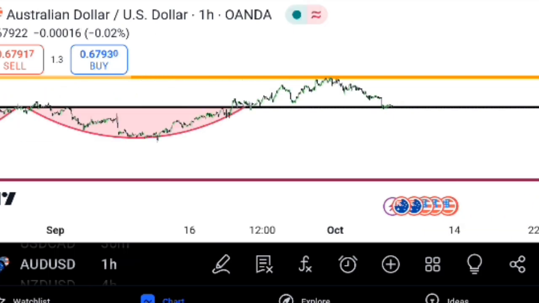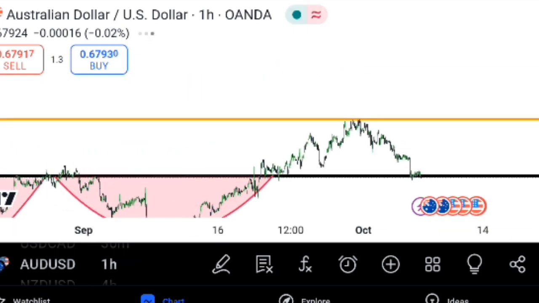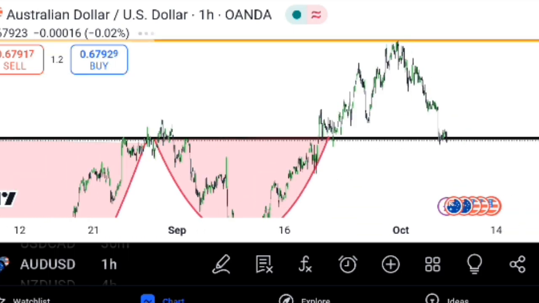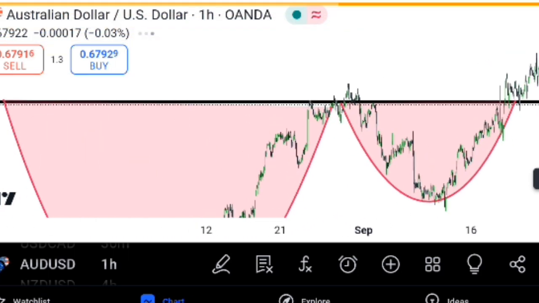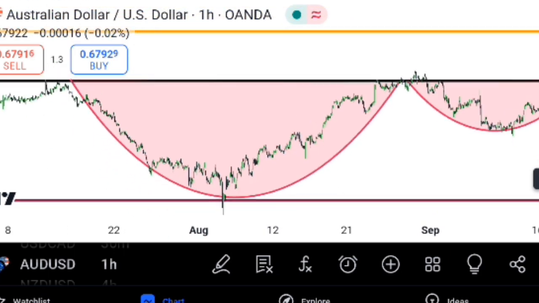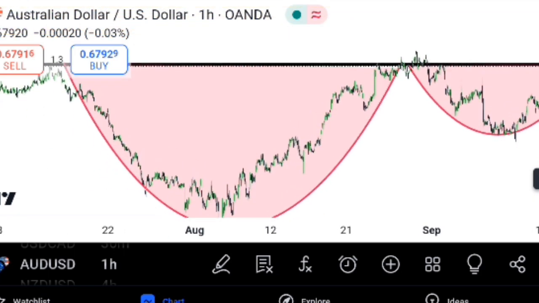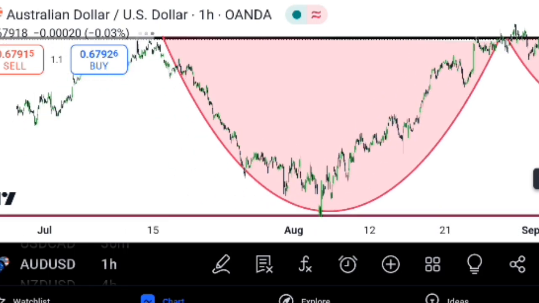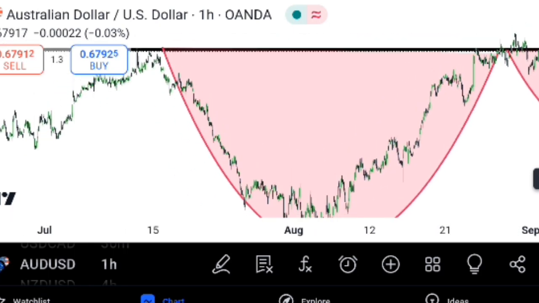So what are we going to do when you have a cup and handle? Another thing you should know is that to measure your take profit, you just use the size of the cup.